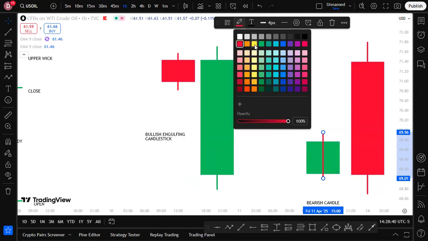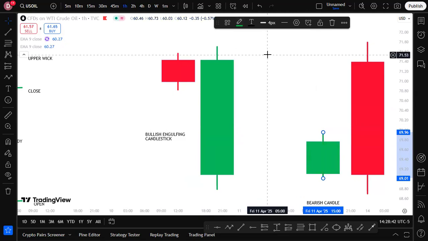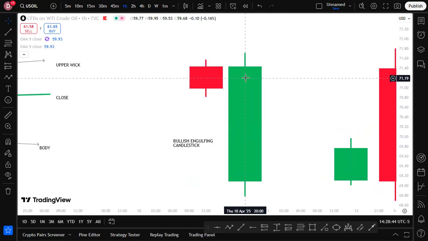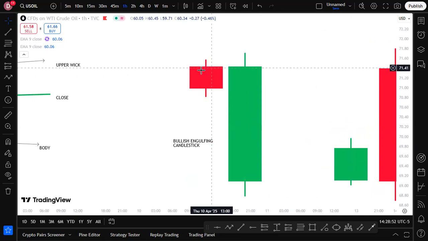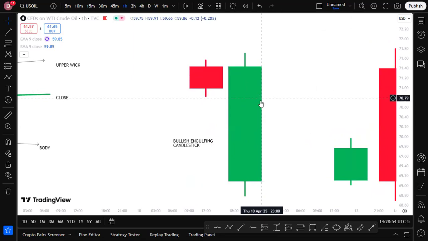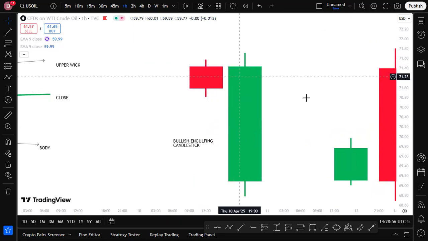Let me explain this engulfing candlestick again. For a bullish engulfing candlestick, it usually engulfs a bearish candlestick. For instance, this is a bearish candlestick, right? This is a bearish candle. So this is a bullish candle that engulfs the whole of this red candlestick.